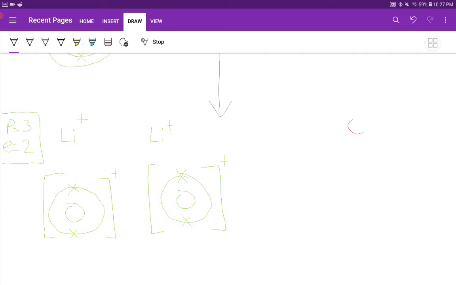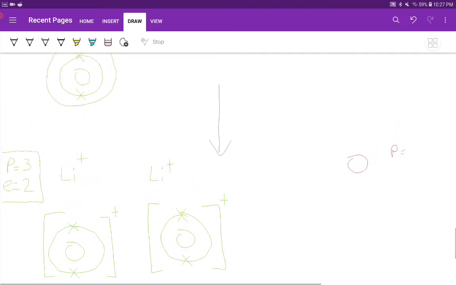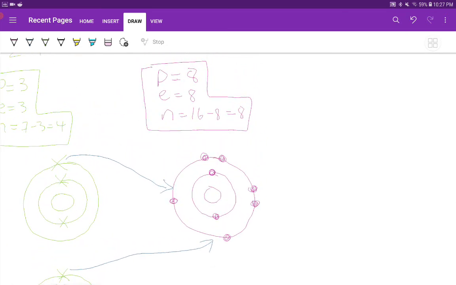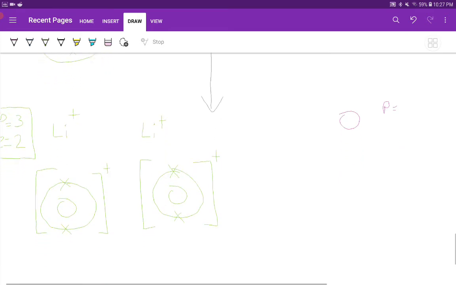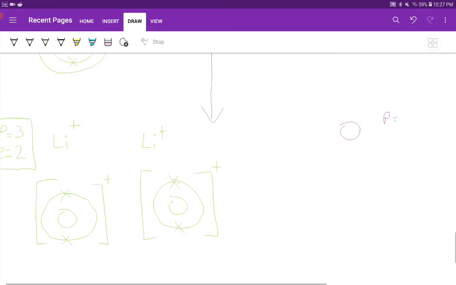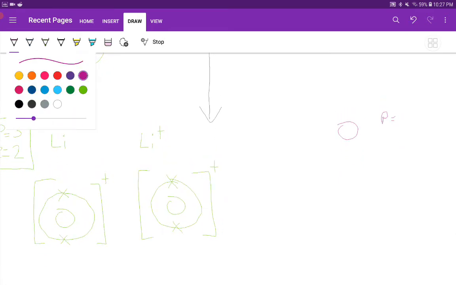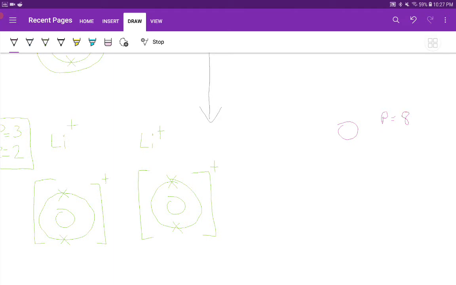For oxygen, we started out with how many protons? Let's check. We had 8 protons and we had 8 electrons. So our protons was 8 and our electrons was 8. But then we gained 2 more electrons.